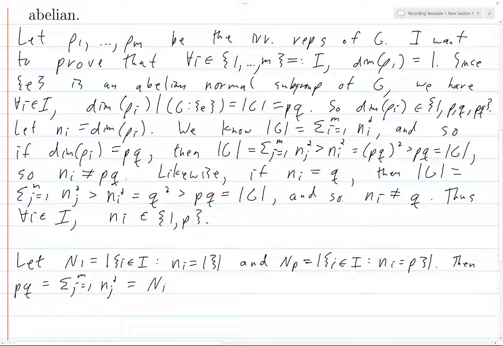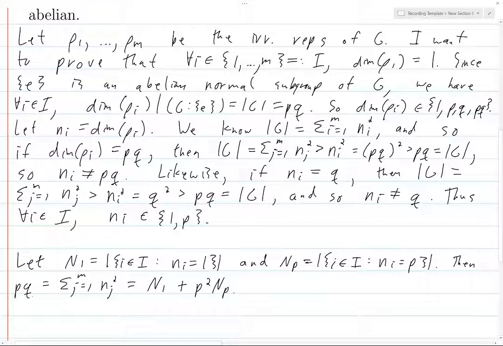All the other ones are going to correspond to irreducible representations of dimension P. And for every one of those, we're going to be adding up Nj squared, which is going to be P squared. And so this is NP times, well, here, let's write it as P squared NP, just so that the subscript of P doesn't confuse at all.